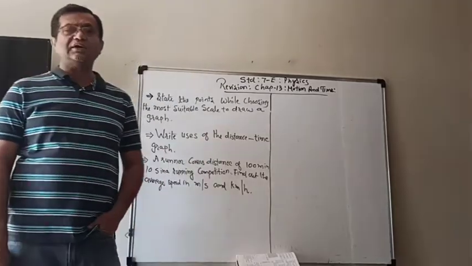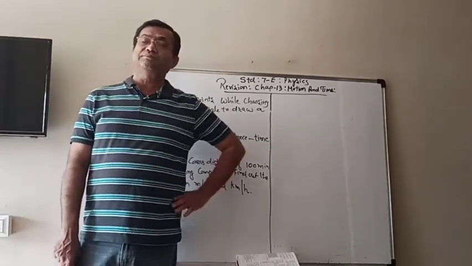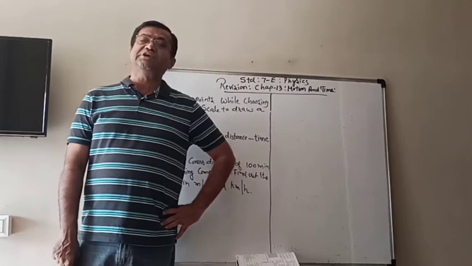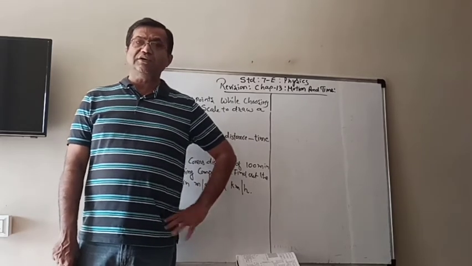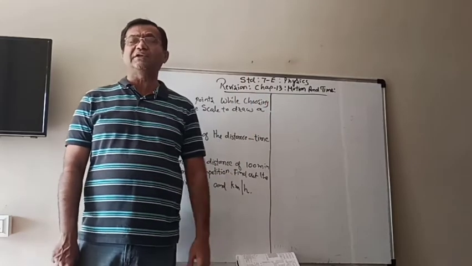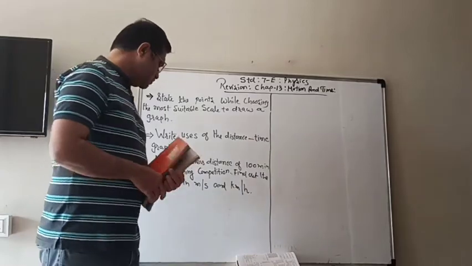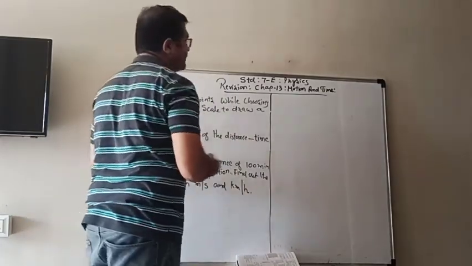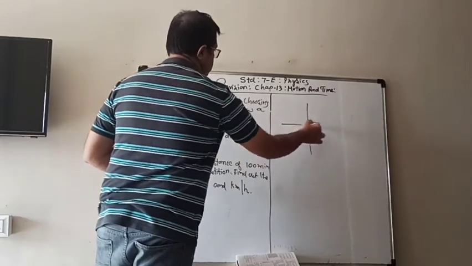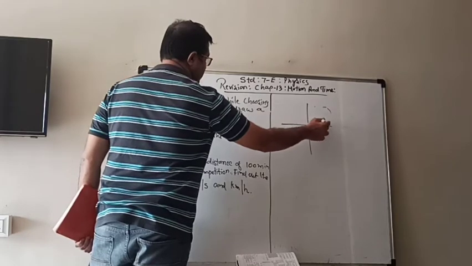Now generally in physics, when we draw a graph we need only the positive numbers. So we can use a certain part only, because when we draw the two perpendicular lines, it divides the graph into 4 equal parts. But as we need only positive numbers, it will be only here.